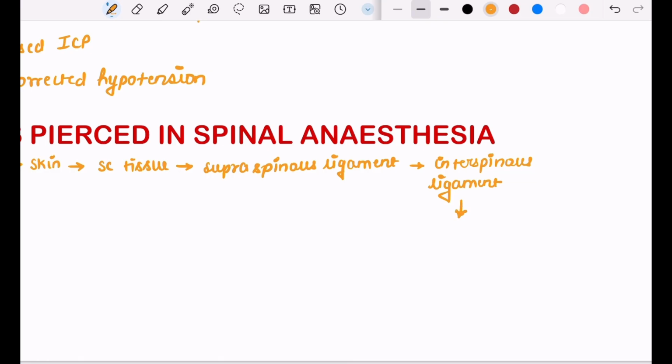After that, ligamentum flavum, then epidural space, then dura mater, then arachnoid mater.